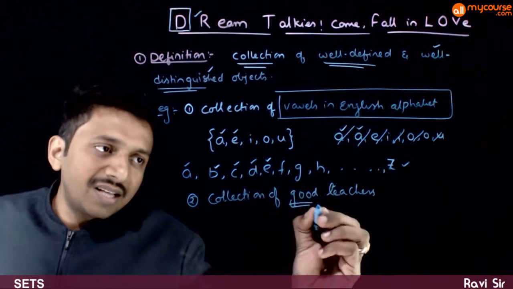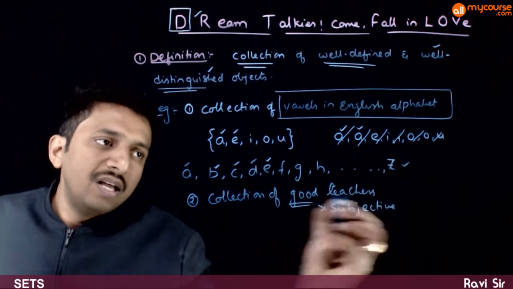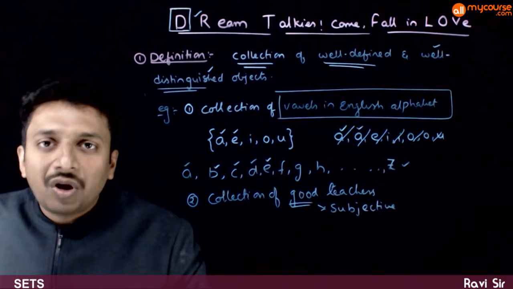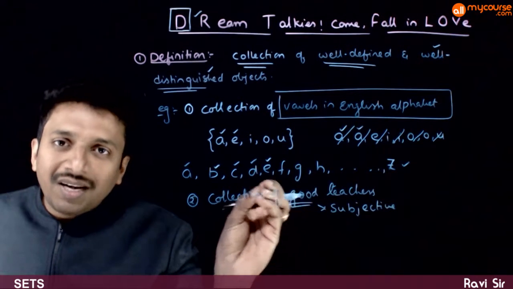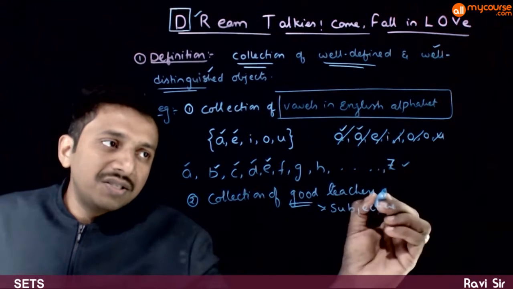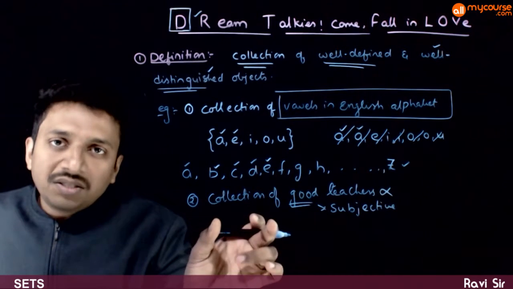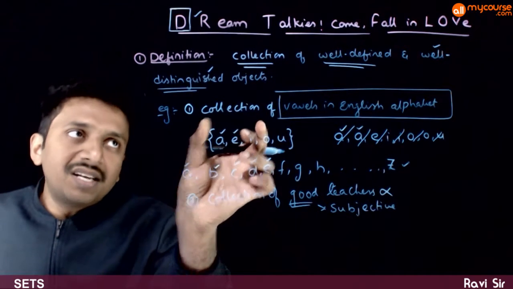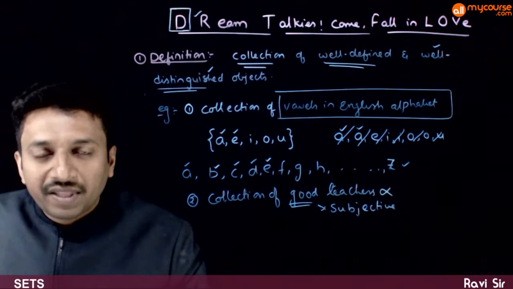So good is subjective. It's not an objective word. So whether a teacher is good or not depends on my subjective opinion. So such collections cannot be considered as mathematical sets. So once you say that a collection is a set, it has to be well defined and well distinguished.